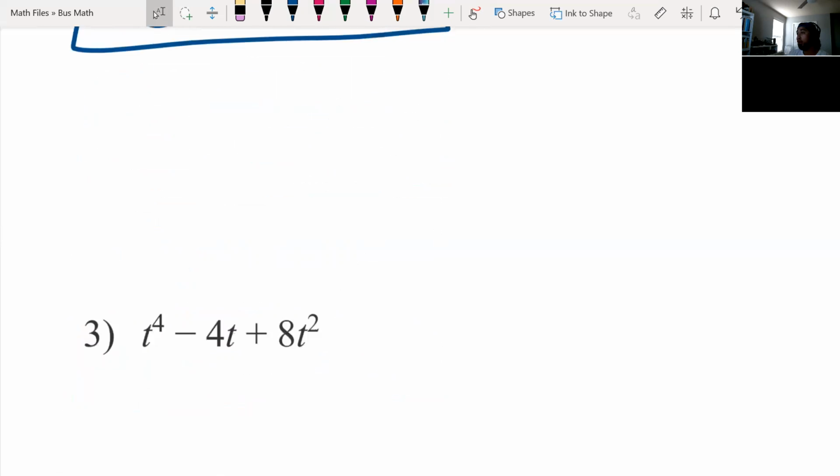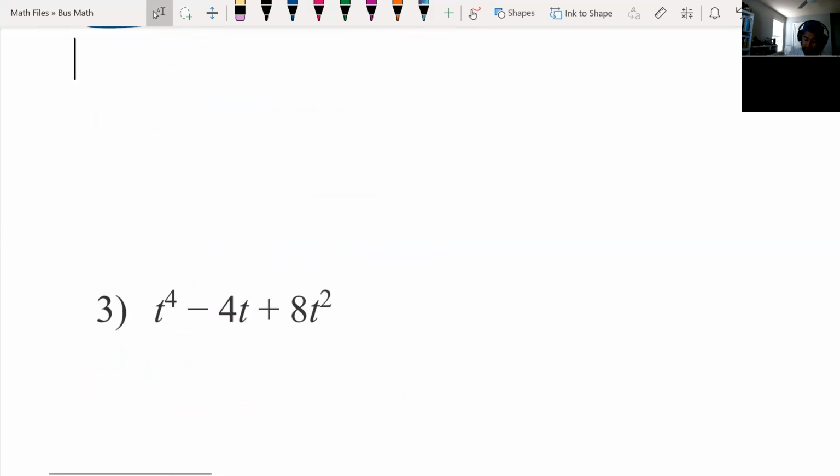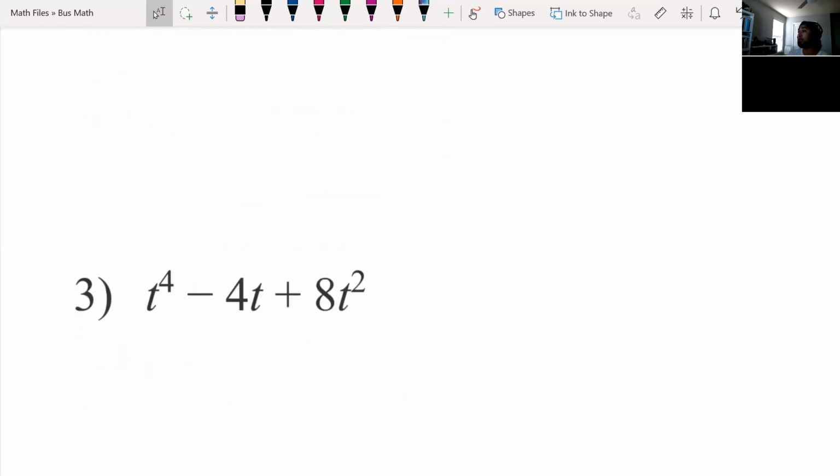Okay. So now number 3. t to the 4th minus 4t plus 8t squared. So I always say look at the numbers first. We know that if there is no number shown in front of your variable, it's understood to be 1. So I have 1, 4, and 8.